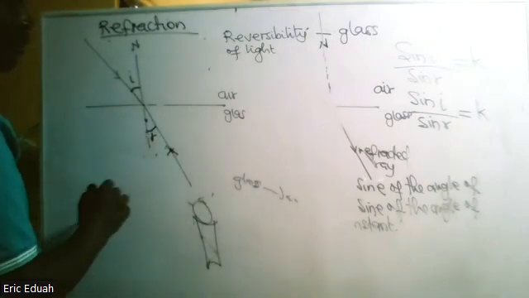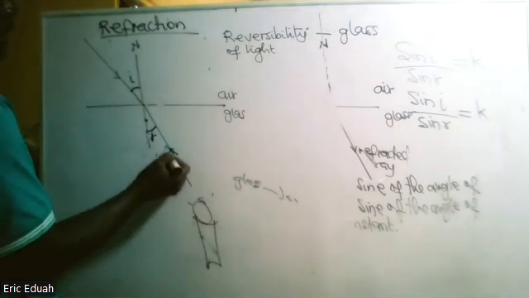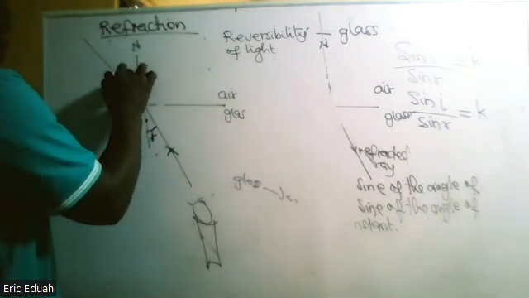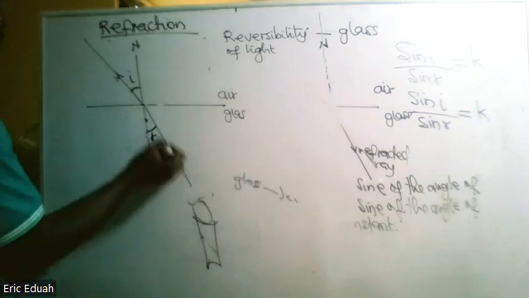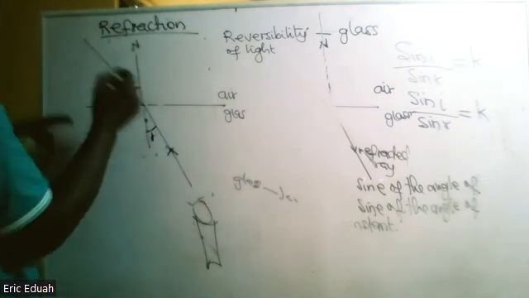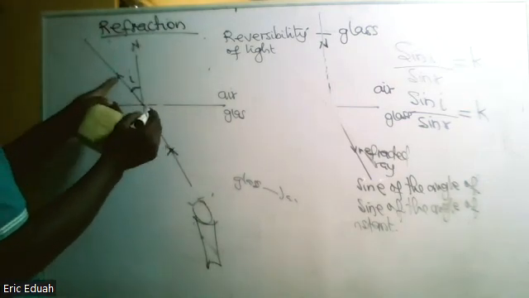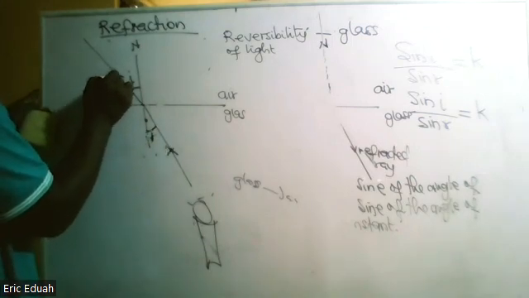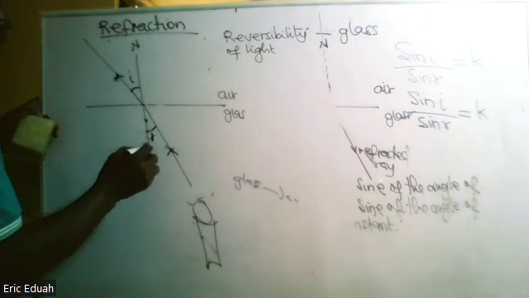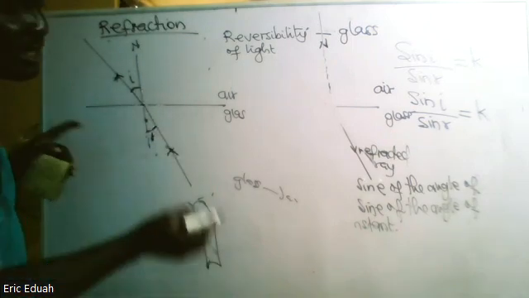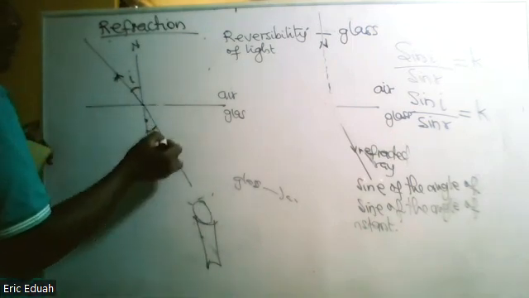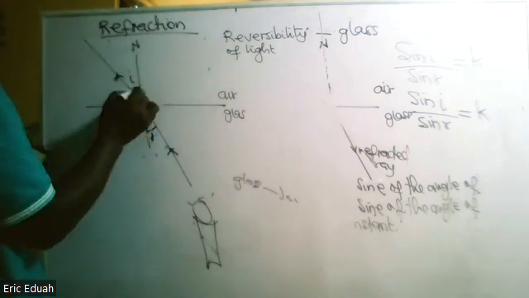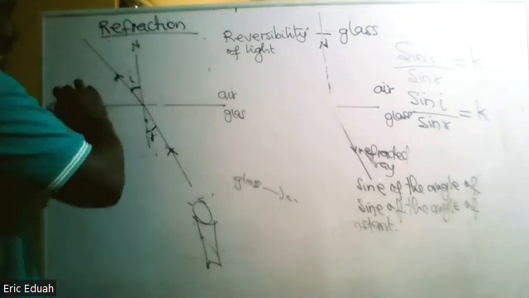So when we pick it from here, it will take the same path as the incident ray, and this will now behave like the refracted ray. The arrow here will behave like the refracted ray. Now it gives us the same angle of incidence, equal to the angle of refraction now.